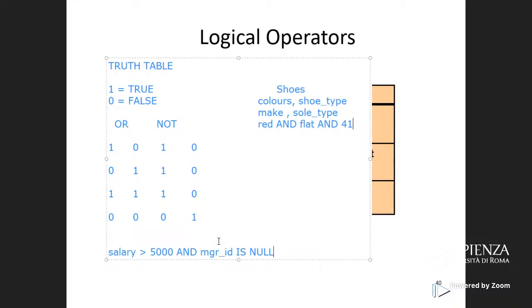We can say that, oh, I want the salary to be greater than 5,000, and I want the manager ID to be in, I want the percentage commission to be between, I want the job type to be IT, I want the location to be maybe US.